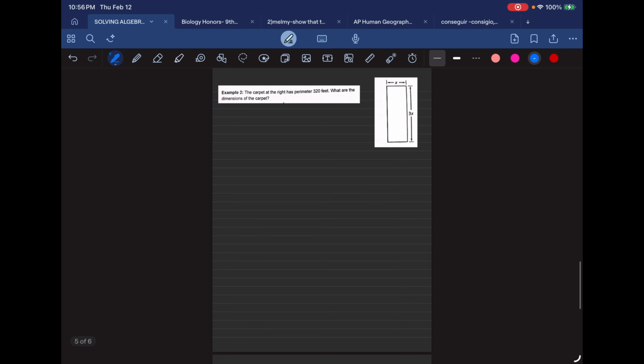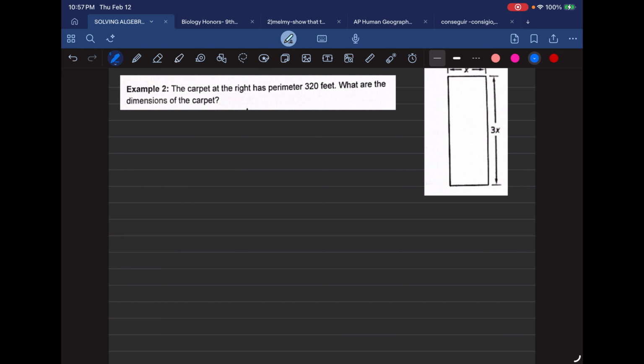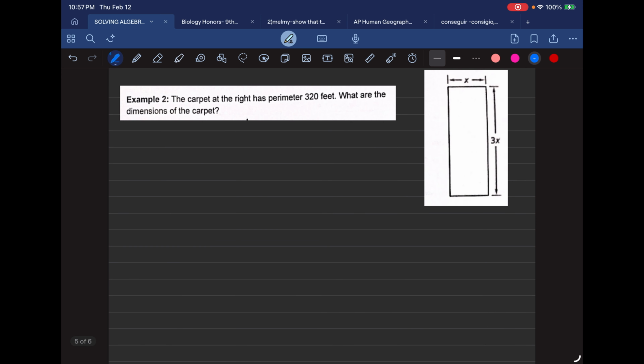Let's move on to this word problem, all right? The carpet at the right has a perimeter of 320 feet. What are the dimensions of the carpet? So it's critical to note again here that this is also going to equal x because it's rectangular, and this part is equal to 3x.